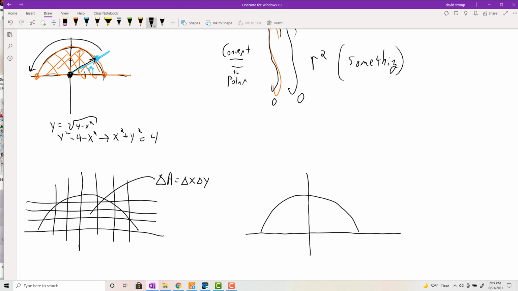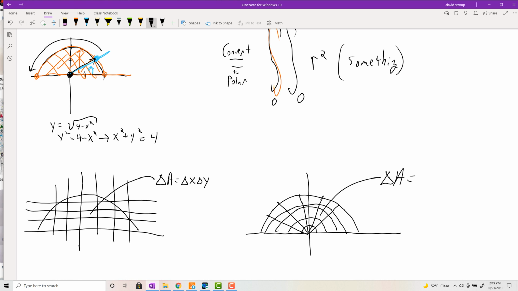Now the regions that we're dealing with aren't exactly rectangles, so that's an issue. The regions we're dealing with now are kind of like pizza slices, right? So if we do our polar graph paper, we're going to section it up into a bunch of regions like this, and for our delta A, I need the formula for the area of these regions, and it's not just like a rectangle. You can't just go length times width.